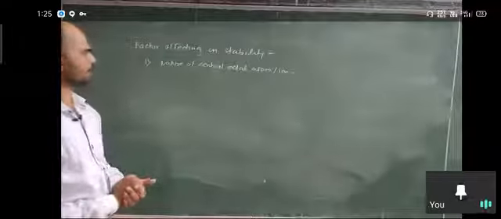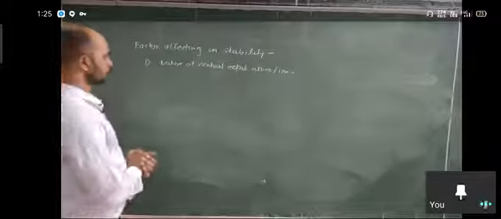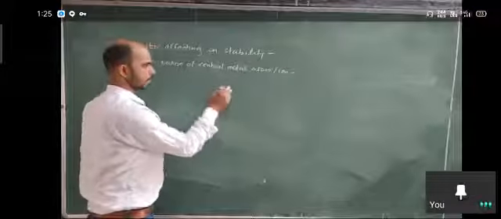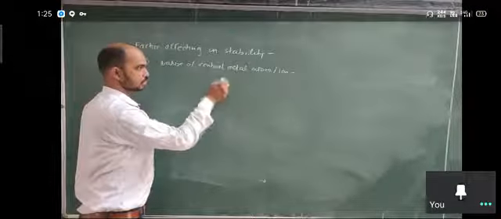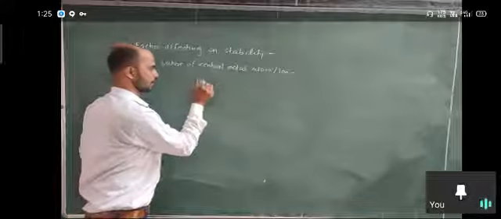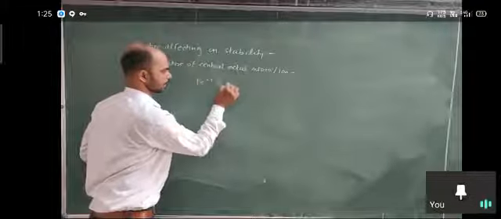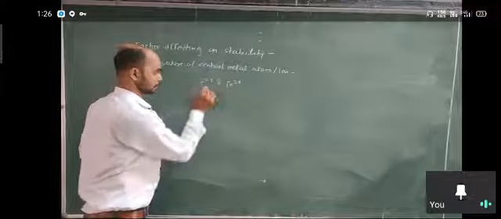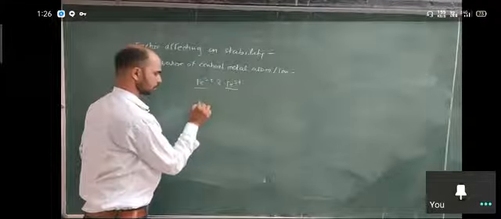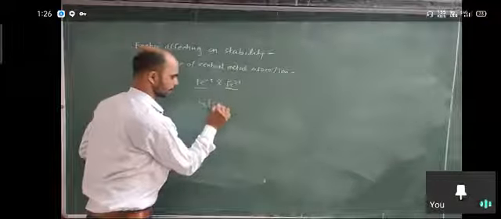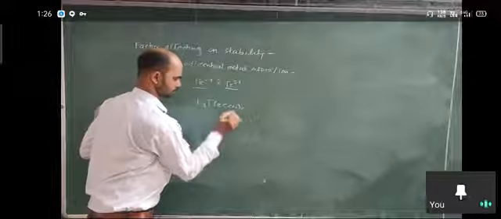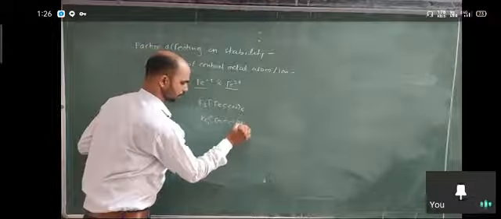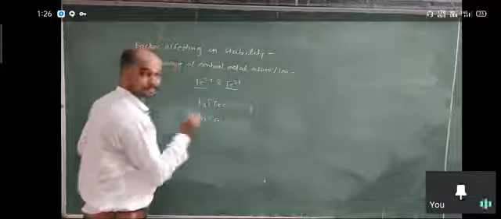So nature of metal means what? Suppose there are 2 metals having different charge. So if here we consider Fe2 plus and Fe3 plus, both form a complex. Here is the example, K3 Fe(CN)6, K4 Fe(CN)6. 2 examples are given to you.